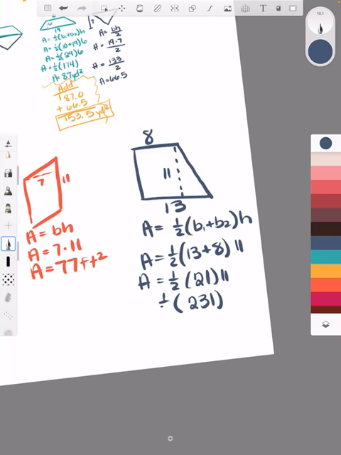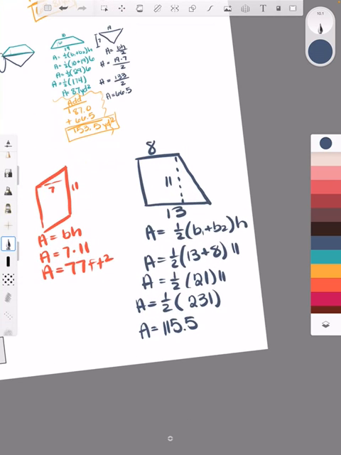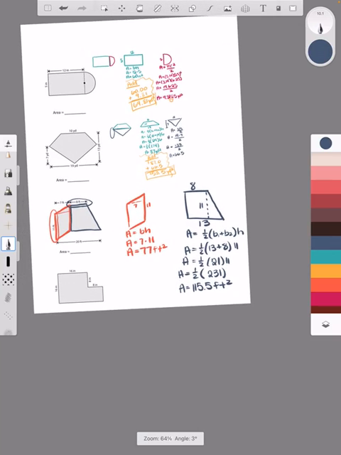And then we're going to divide 231 by 2, or multiply by 1/2, which gets us an area of 115.5 feet squared.